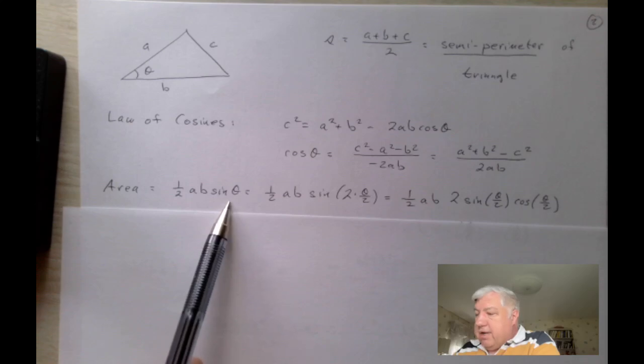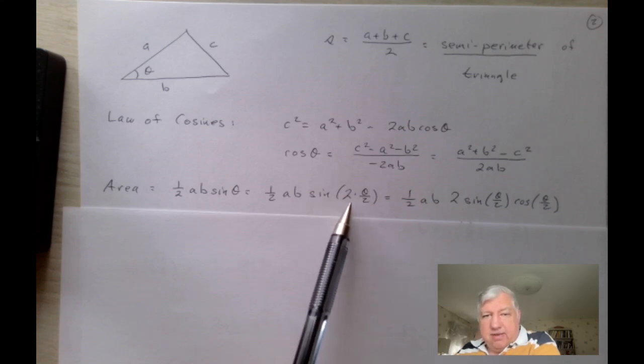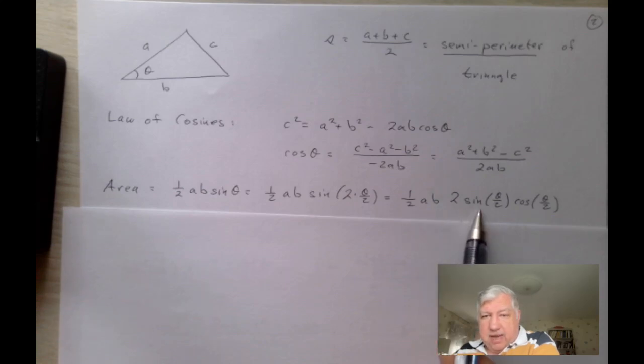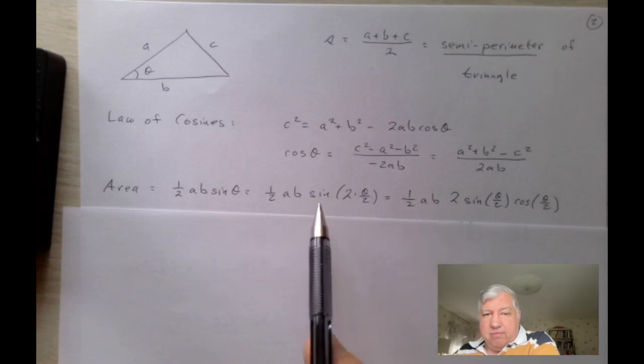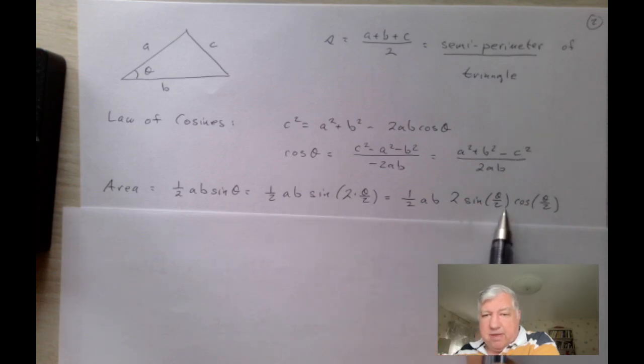Now here's a little trick. We can write theta as 2 times theta over 2. And we have a formula for the sine of 2 times an angle: 2 times the sine of the angle times the cosine of the angle. So here we replace sine theta with 2 sine theta over 2 cosine theta over 2.